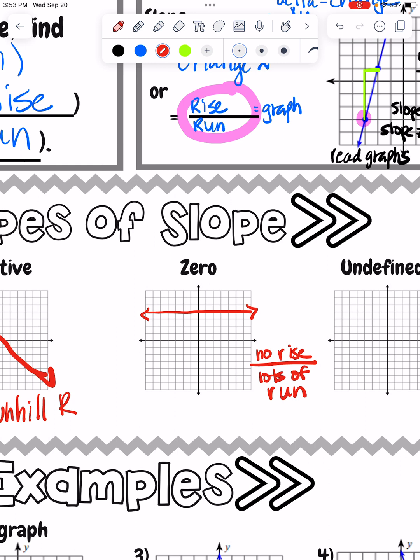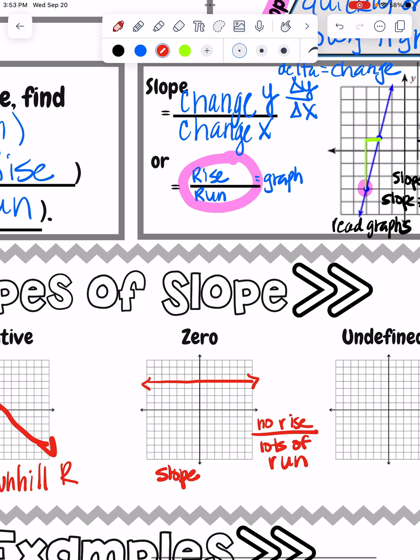So what that would look like if we were to write it, we know that slope is change in y over change in x. So it's our rise over our run.